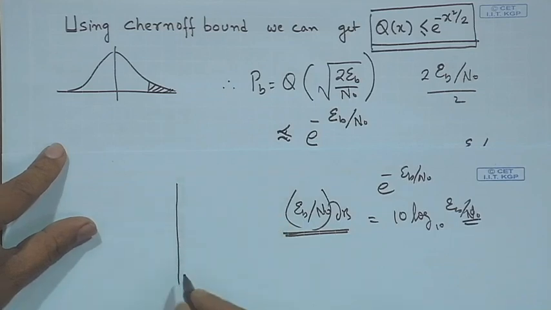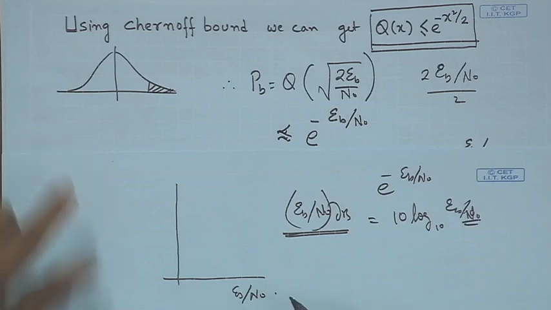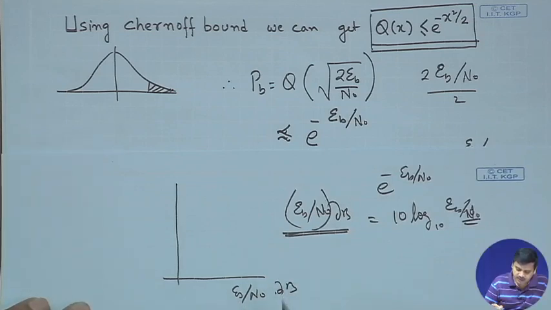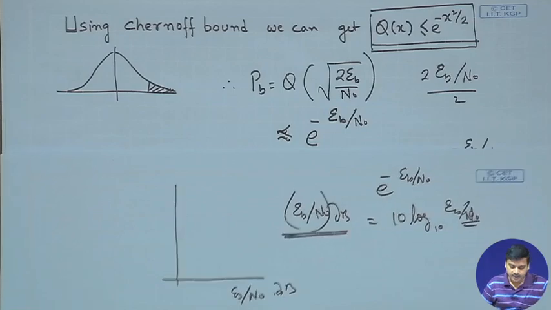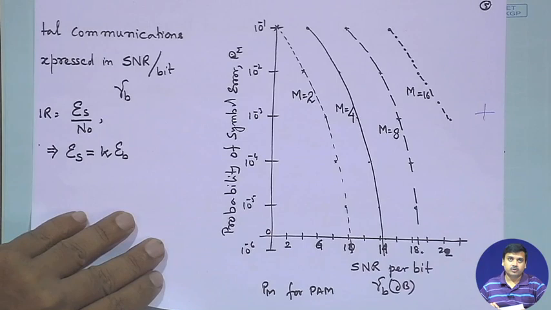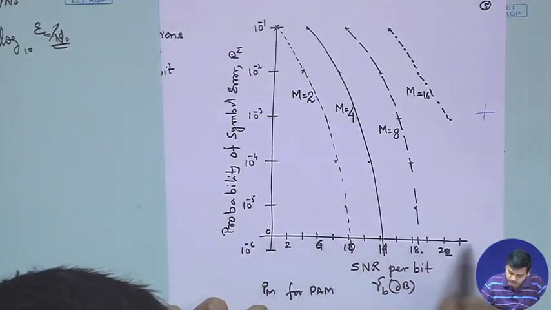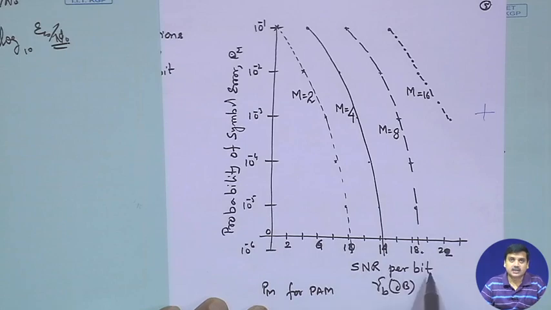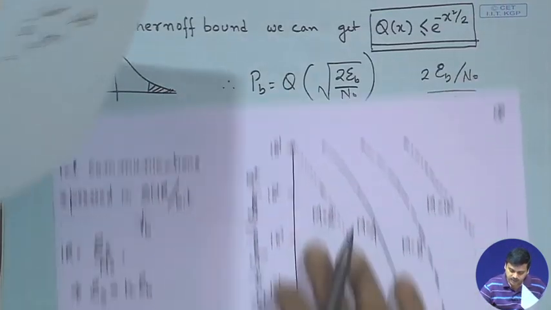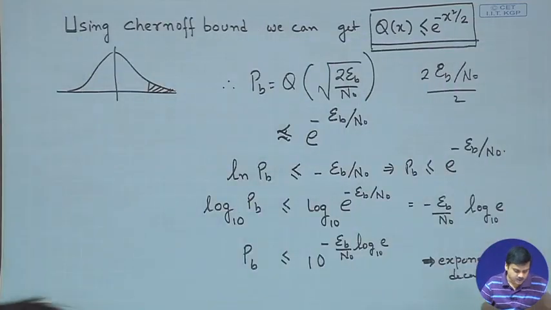If you were to plot E b by n naught in dB scale, the figure that you might get in terms of error probability would look something like this, where on this axis we have SNR per bit. Here I would make a small change, and I would suggest that let's go for binary PAM and then we will discuss this.